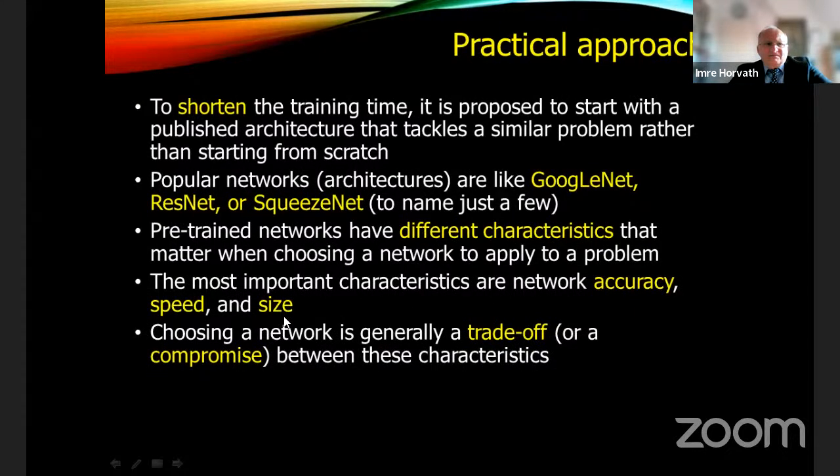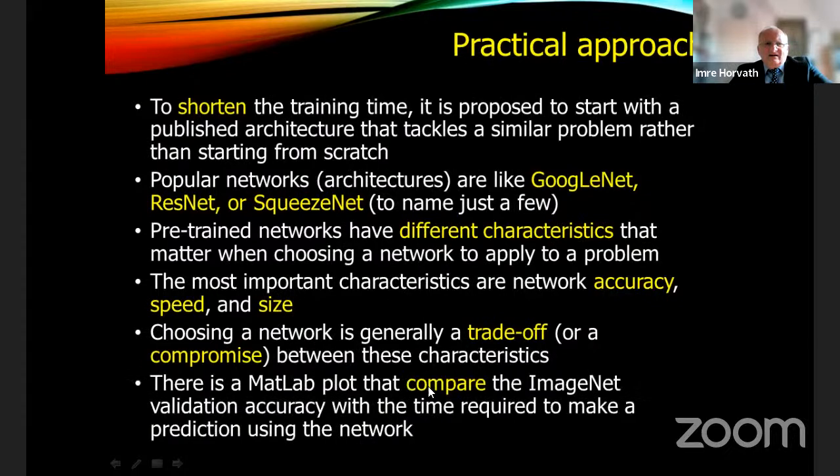The accuracy, speed, and size are all important issues here, and obviously there is a trade-off in choosing the original network and then modifying it to an application, which is typically a kind of compromise problem.